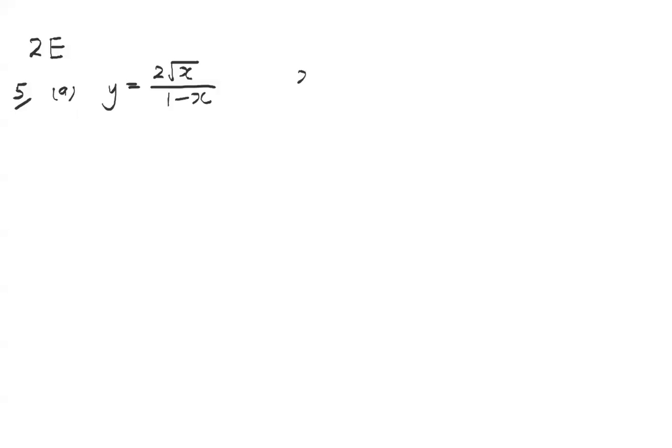So x must be greater than or equal to 0. Okay? Is that enough? No. I have to handle the bottom, correct? So I put an 'and' because you have to fulfill both. And 1 minus x.